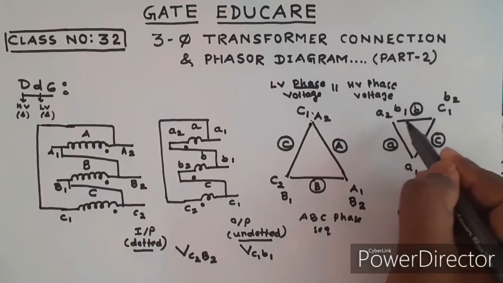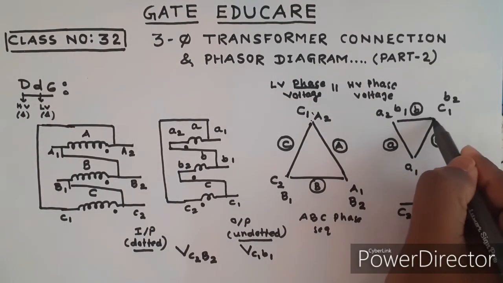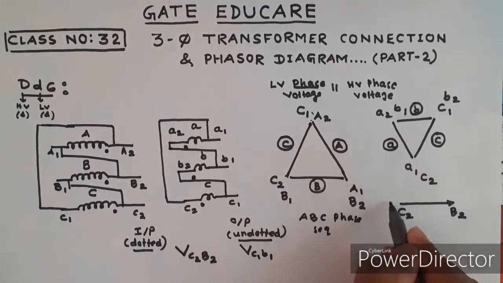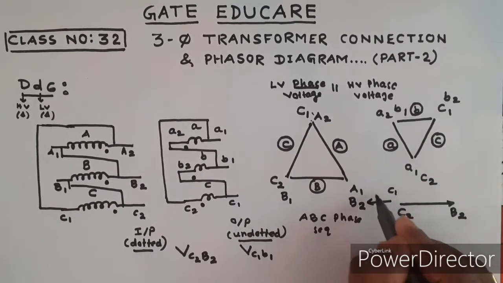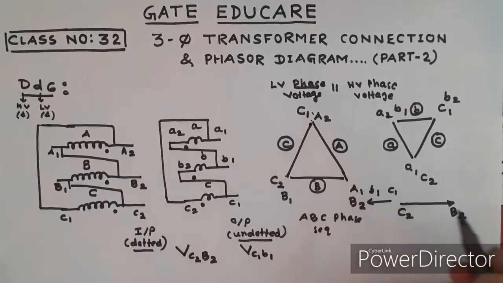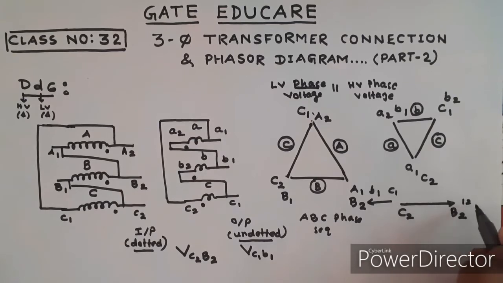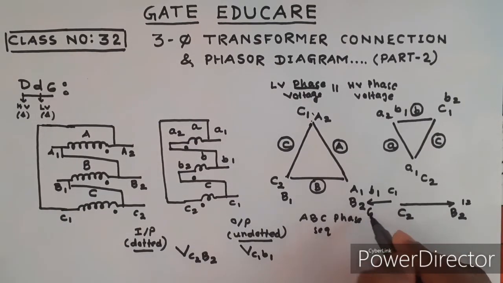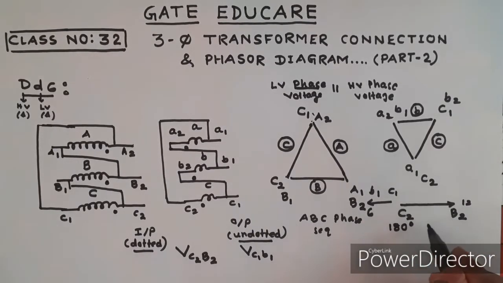This is C1, B1 in this direction, from C1 to B1. This is the low voltage C1, B1. That means if the high voltage is at 12 o'clock, then the low voltage is at 6 o'clock, the opposite direction. Opposite, a 180 degree phase difference.